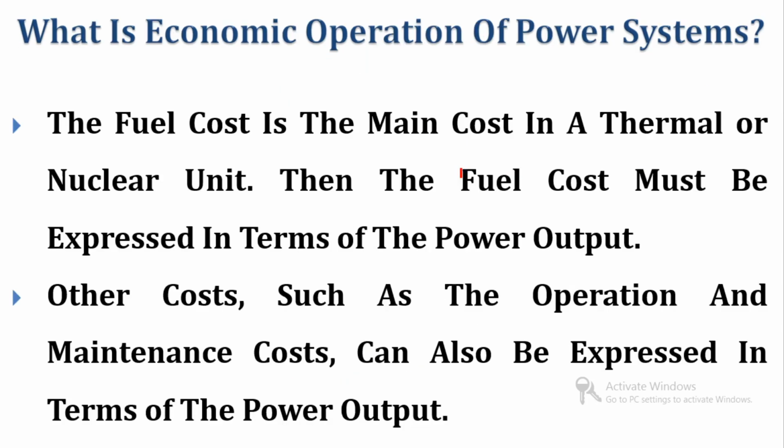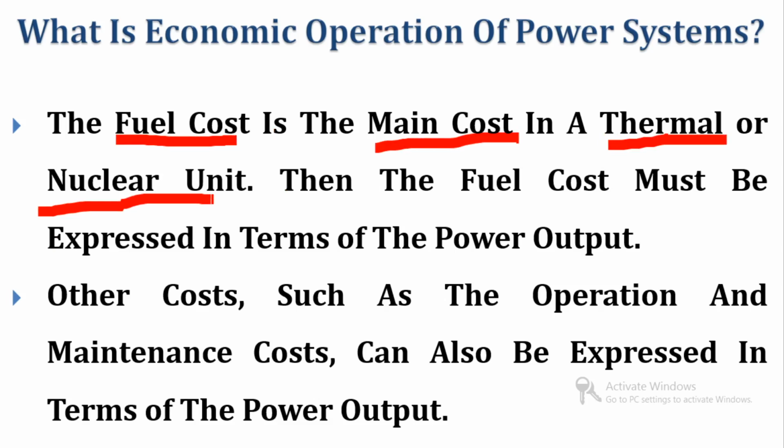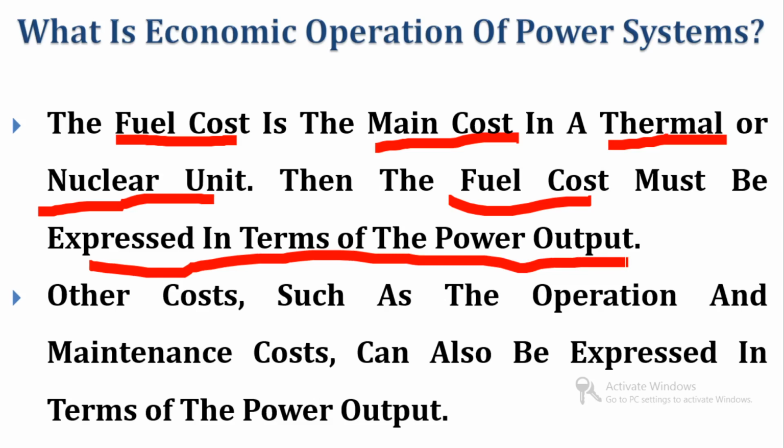Again, which type of cost are we going to include? We are going to include the fuel cost, which is the main cost in case of thermal or nuclear power plant, or we can say that fuel cost is the main cost in each type of power plant. So fuel cost must be expressed in terms of power output. Suppose fuel cost is low and we get high output.